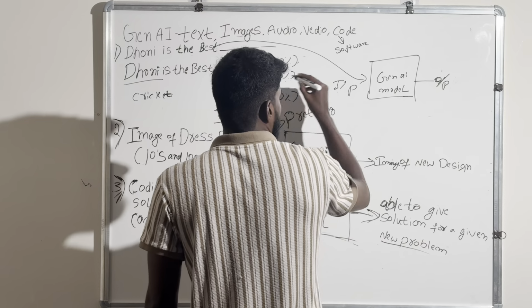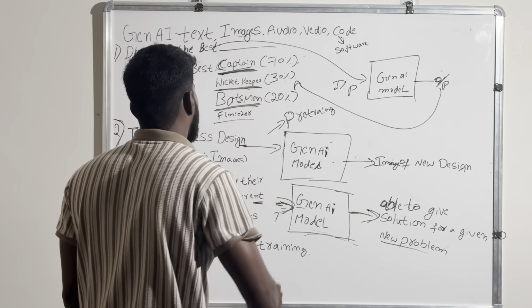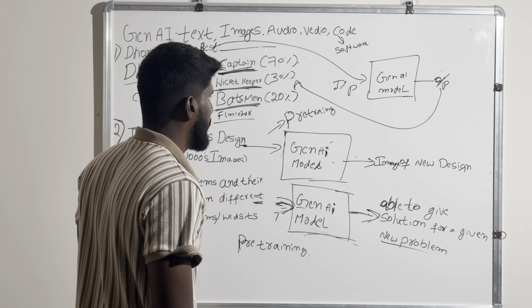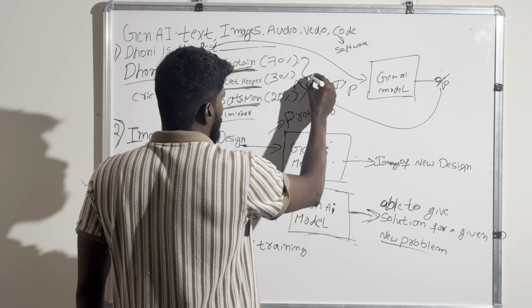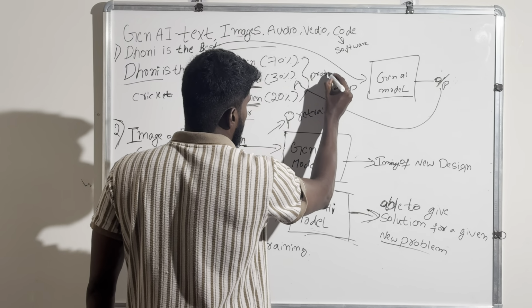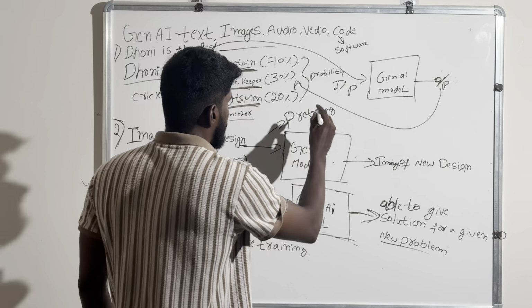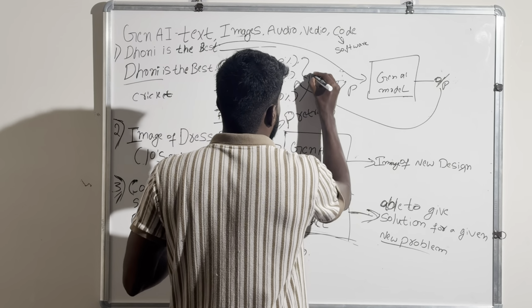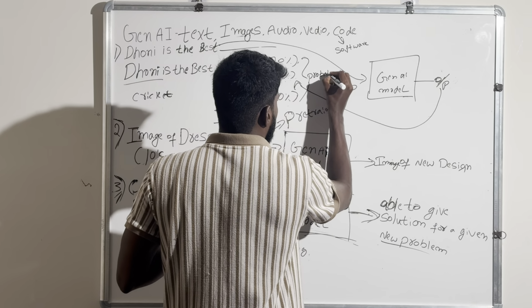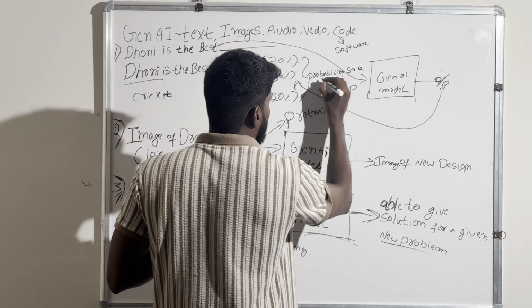It can be Dhoni as a best captain or wicket keeper or best batsman, right? With different confidence scores, or you can say a probability distribution. Sorry, different probability scores. Correct?